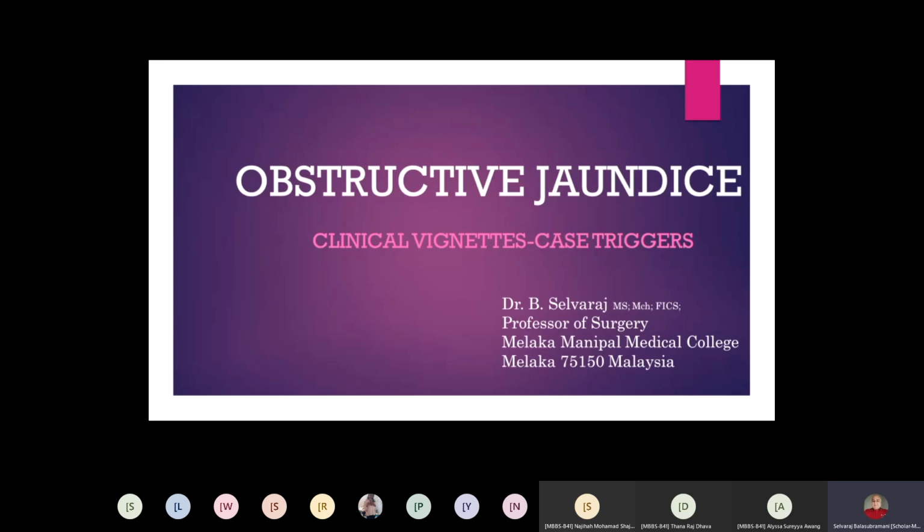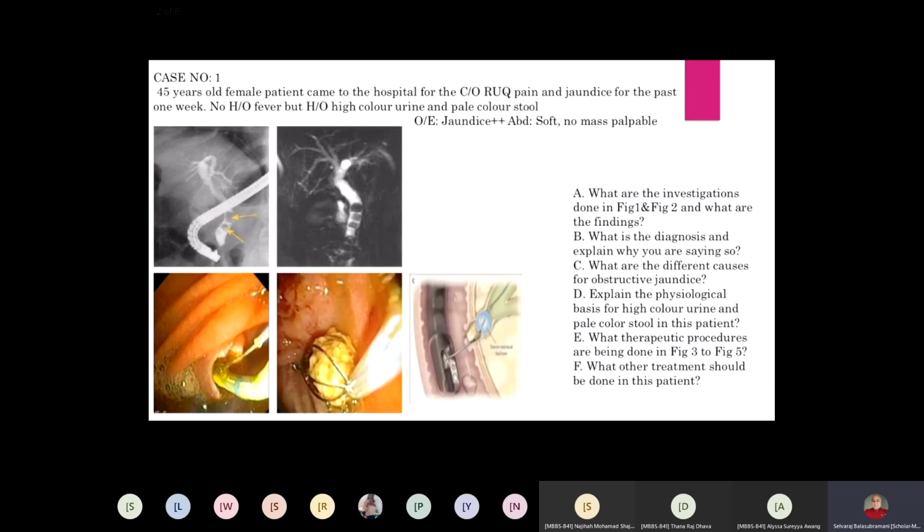Okay? Right. Now we are going to the first case. I think the same case I discussed on Monday itself, the right upper quadrant pain plus jaundice. Doesn't matter. Case number 1: a 45-year-old female patient came to the hospital with complaints of right upper quadrant pain and jaundice for the past 1 week.